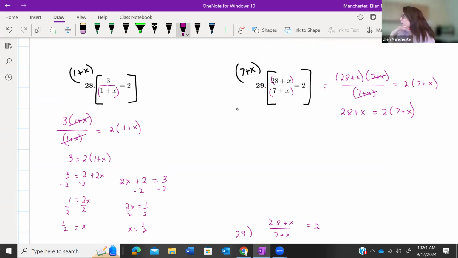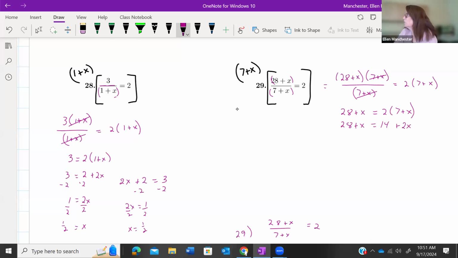Okay, so the denominator is 7 plus x. I'm multiplying everything through. So I have 7 plus x on top, 7 plus x on bottom. So this is why I can cancel, because I'm showing multiplication here. And so the 7 plus x goes away here, and then I'm multiplying by it over here. So I have 28 plus x equals 14 plus 2x.